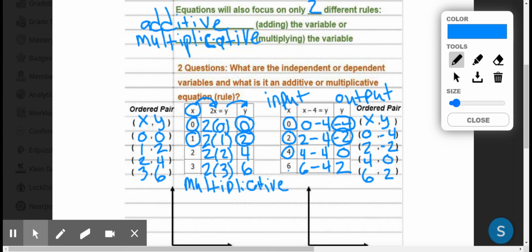And the second one, even though it's subtracting 4, it's not multiplying or dividing. And we learned in our integer units, when you subtract 4 positives, it's the same as adding 4 negatives. So this could actually be written as an additive rule, just saying adding 4 negatives. So this is an additive rule.